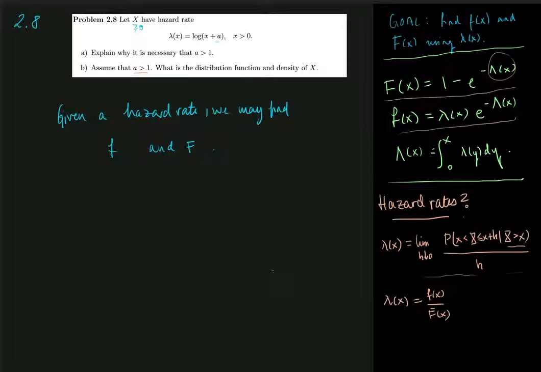And what they actually say in the book is you can pick any kind of function to be the hazard rate, more or less.